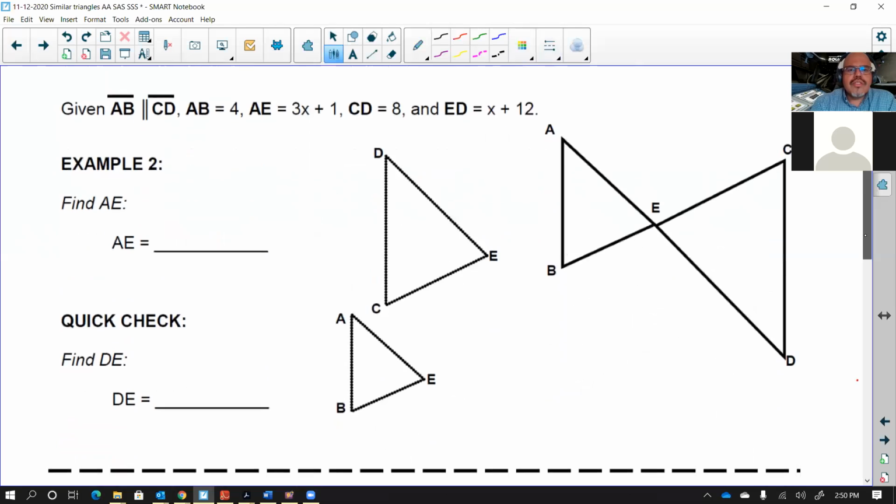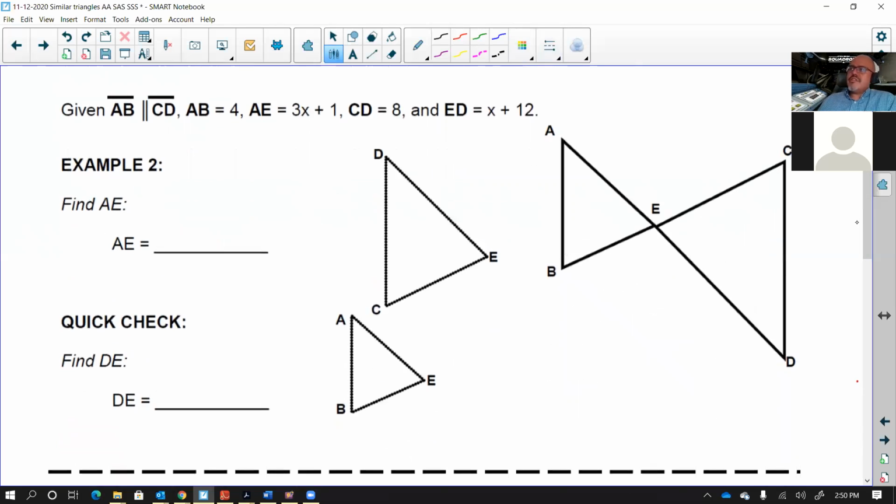Now, according to this, if we have similar triangles, then our sides are proportional, as always. So let's see, we're told that this side right here, AB, is parallel to CD. So that automatically tells you that this angle and this angle are going to be congruent. So then we have AA similarity based off of the fact that we have vertical angles that are congruent.